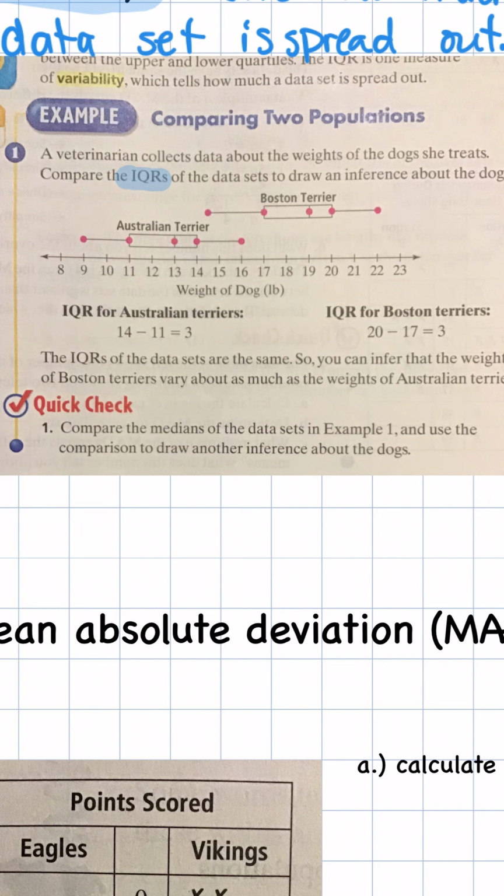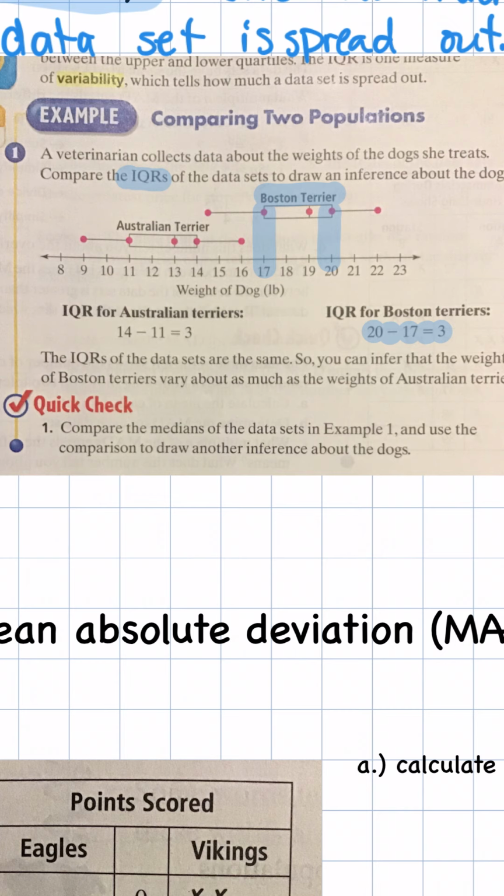So if you look here, Boston Terriers, right? So the IQRs. I'm doing the Boston ones first, it's at 20. So you go 20, subtract 17 equals 3. The IQR for the Boston Terriers is 3.